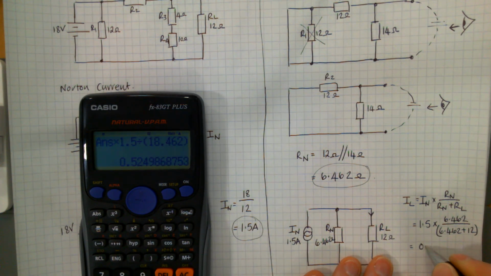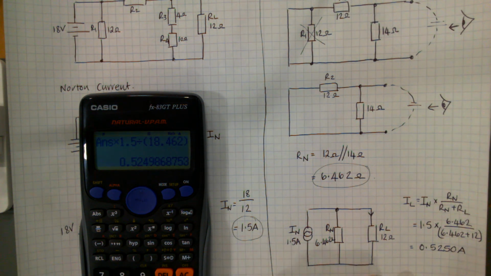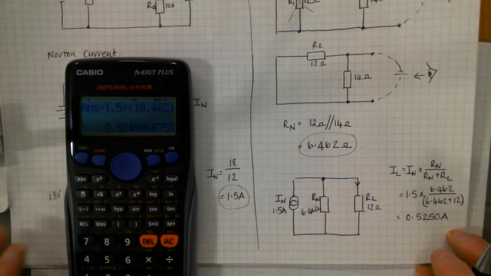So that's getting me 0.525, 0.5250 when you round it to 4 significant figures. That's my current through my load.